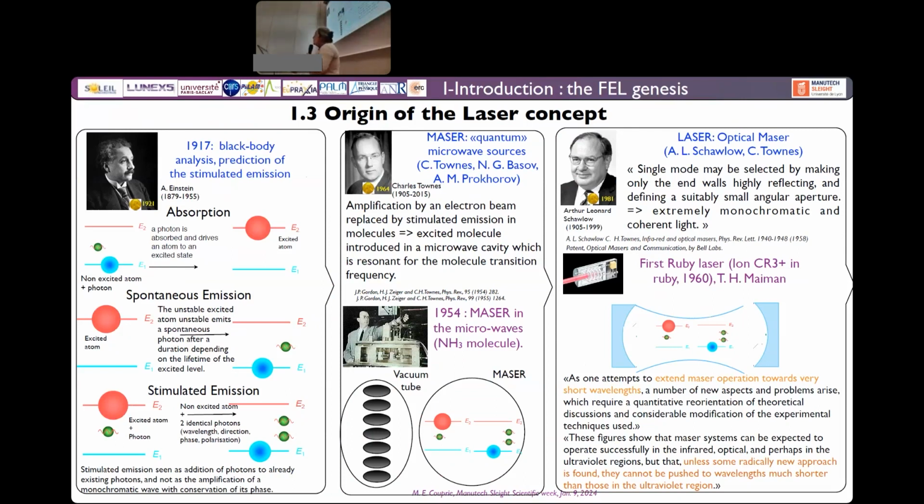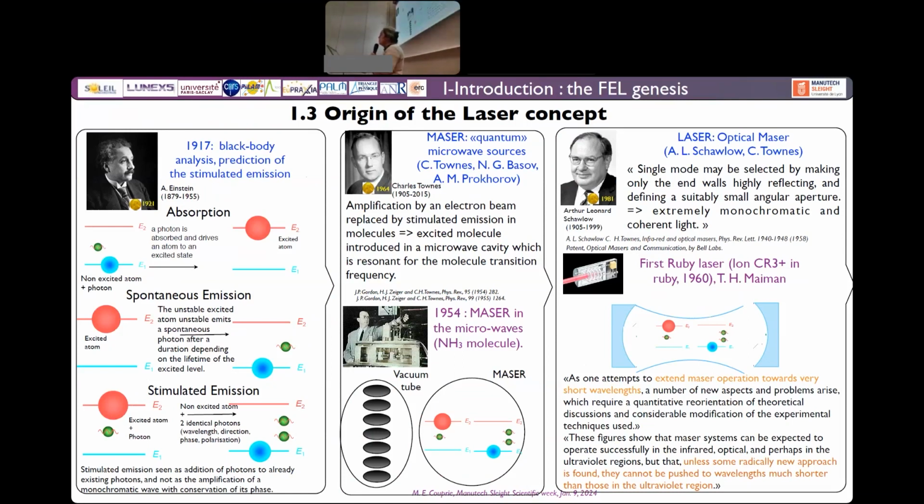Then if we come back to the seminal paper of Schawlow and Townes, they say at the end of the paper: as one attempts to extend maser operation towards very short wavelengths, a number of new aspects and problems arise, which require a quantitative reorientation of theoretical discussion and considerable modification of the experimental techniques used.